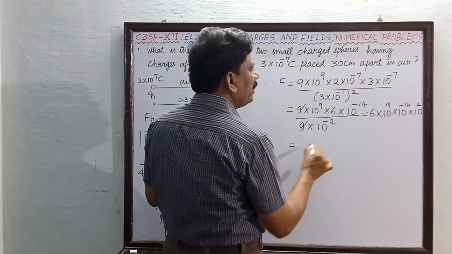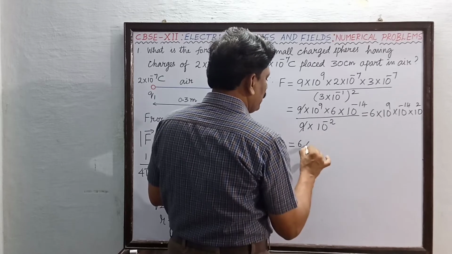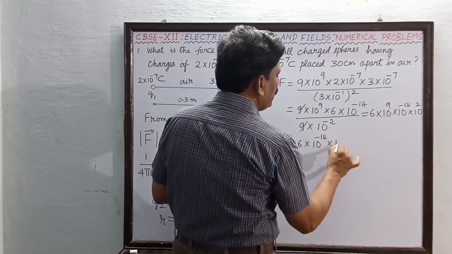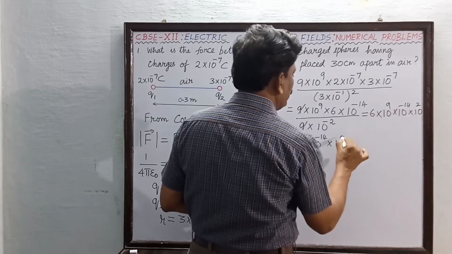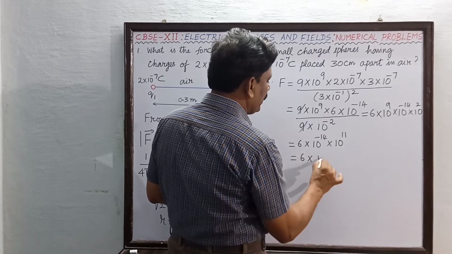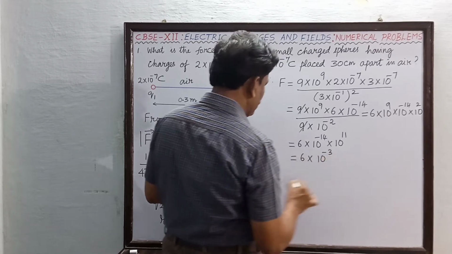So this is now equal to 6 into 10 power minus 14 into 10 power 9 plus 2, which is 11. So this is equal to 6 into 10 to the power of minus 3.